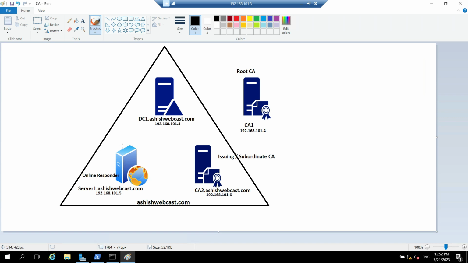And we will have one web server, Server 1, which will host the HTTP path for CDP and AIA, and you can also say it's the online responder. So that is my lab configuration.